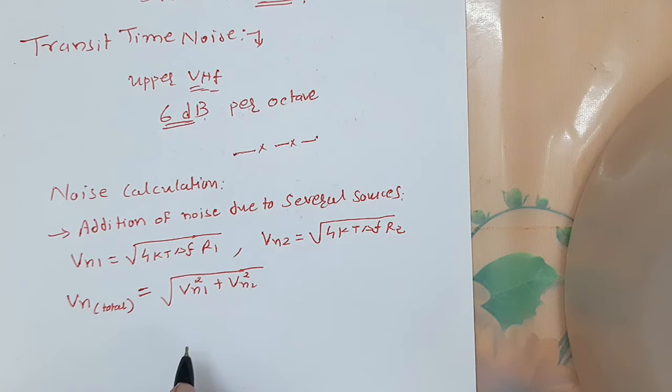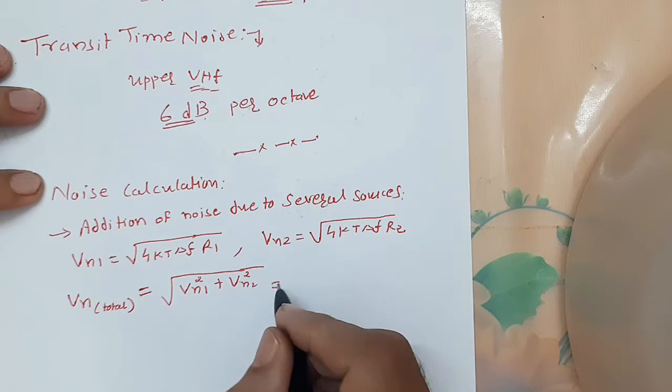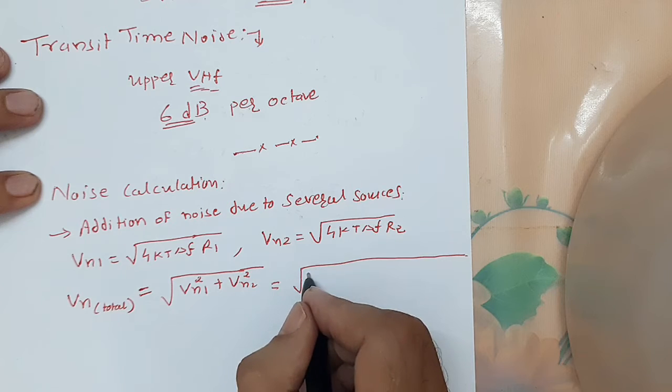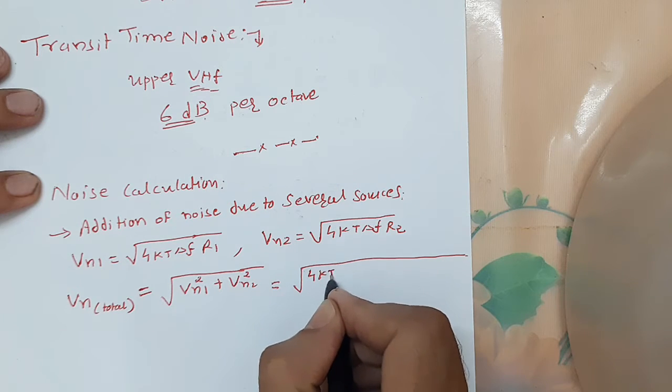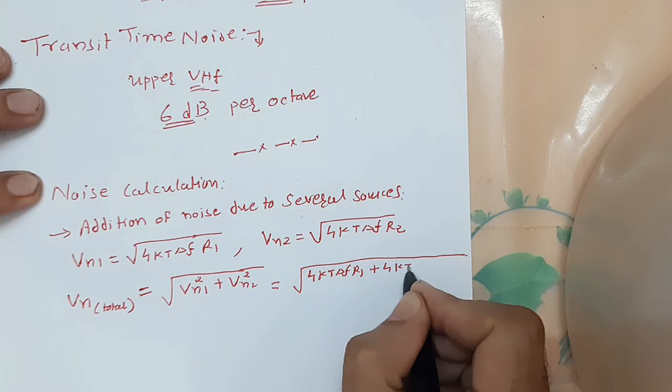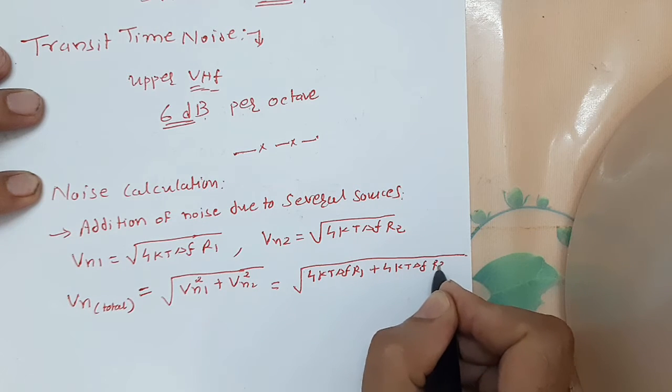That is equal to under root of 4 kT delta F R1 plus 4 kT delta F R2.